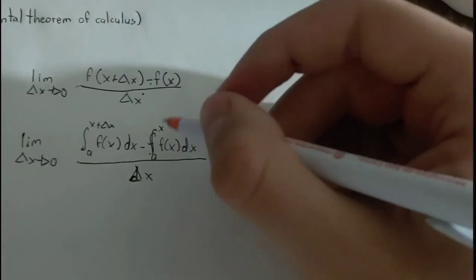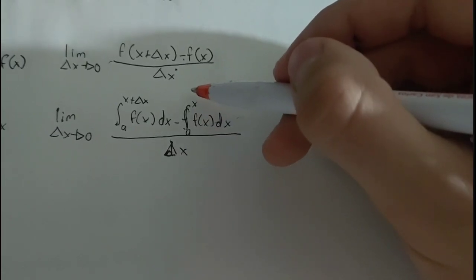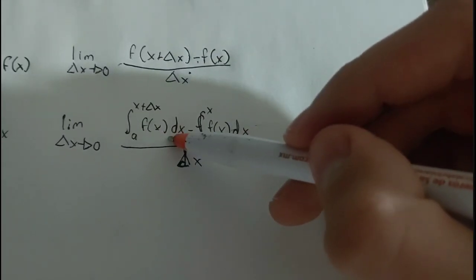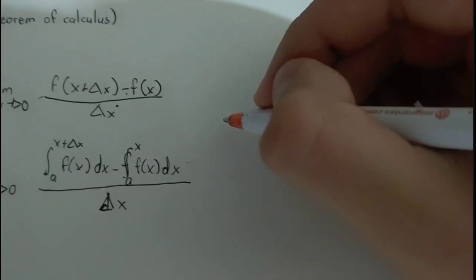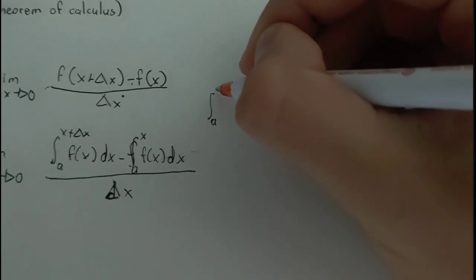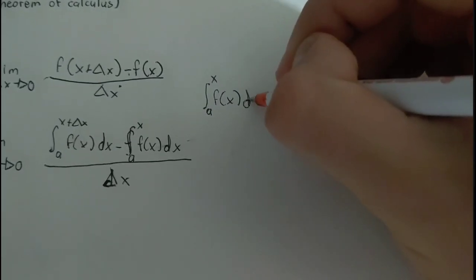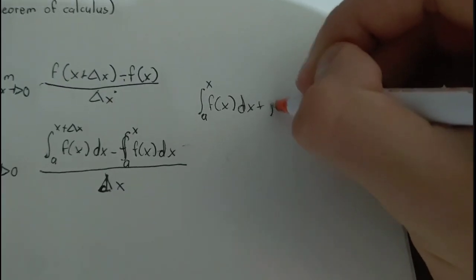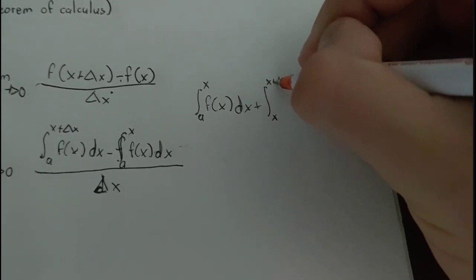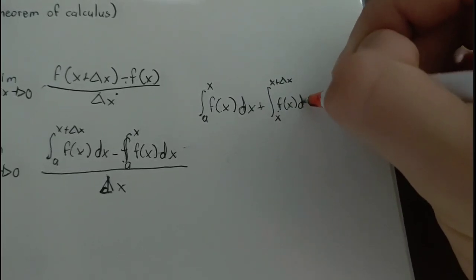Now we can do some algebraic manipulations so that some terms cancel out. The first integral can be represented as the integral from a to x of f of x dx plus the integral from x to x plus delta x of f of x dx.